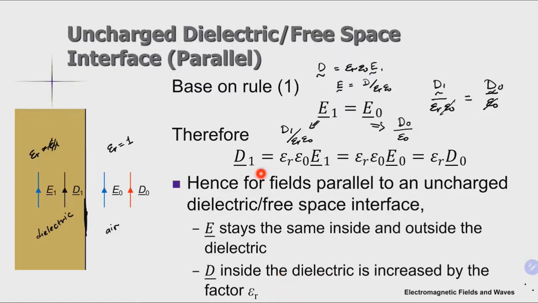So D1 is equal to epsilon r D0. I have D0 here, and inside here it is increased by a factor of epsilon r, so epsilon r D0. Okay, so that is parallel.